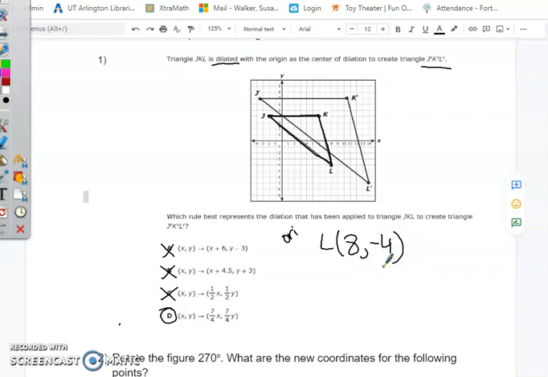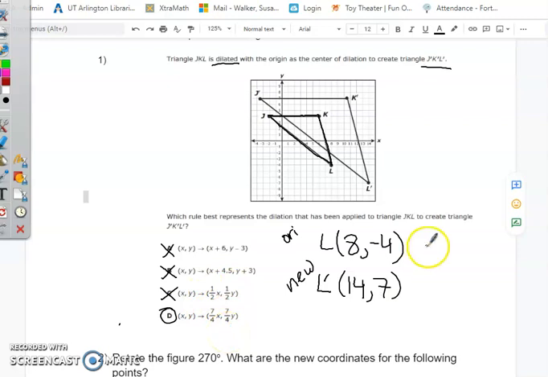Okay. Now, for the new L, or the image, that looks like that's 14 over and 7 down.